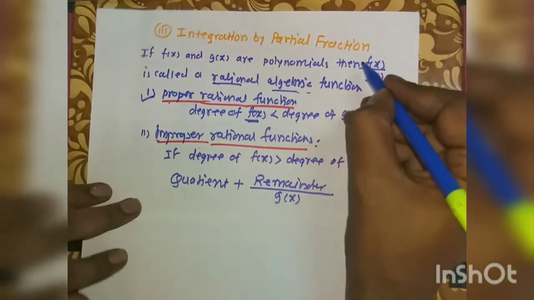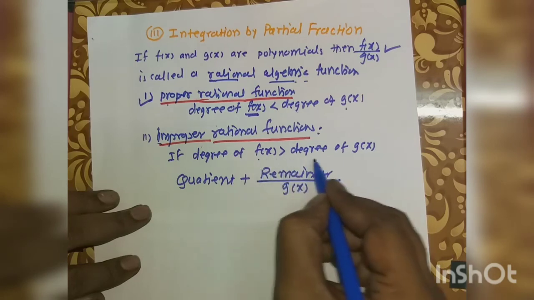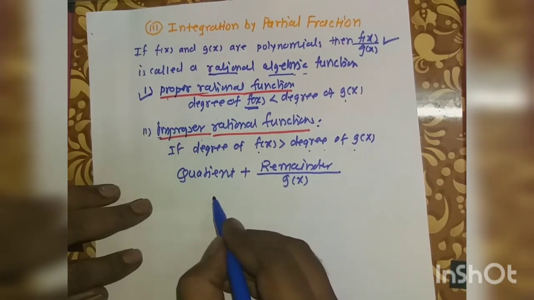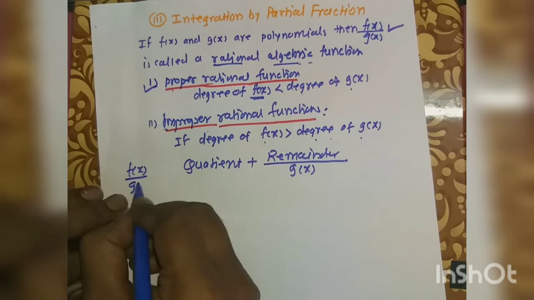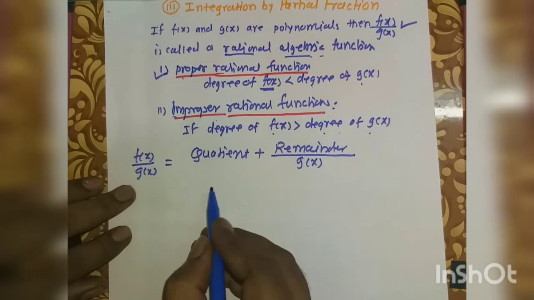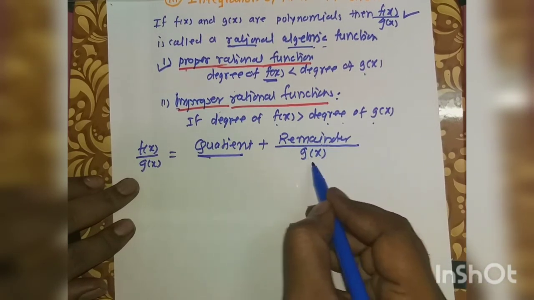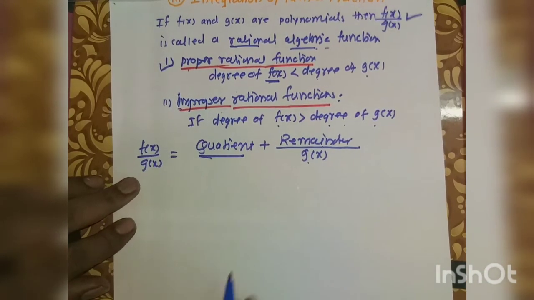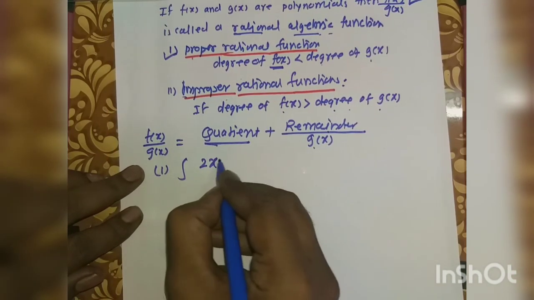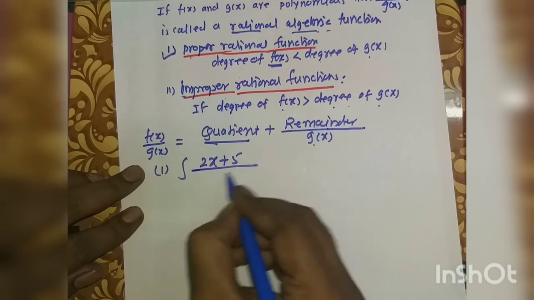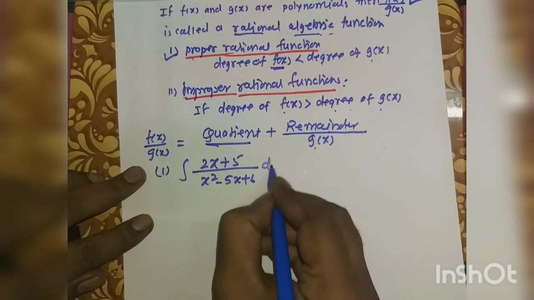Now if this function is improper, that means the degree of f of x is greater than the degree of g of x, then we take the quotient: f of x divided by g of x is equal to quotient plus remainder divided by g of x. We take two examples. First example is the integration of 2x plus 5 divided by x square minus 5x plus 6 dx.